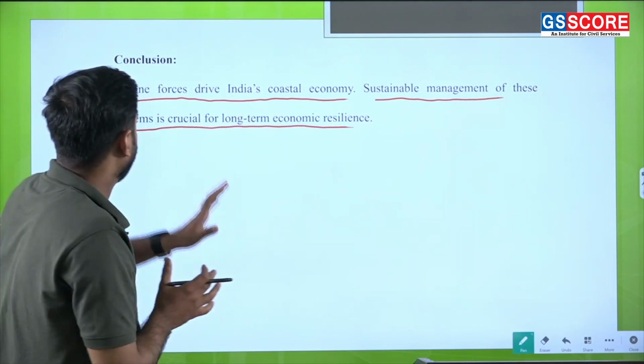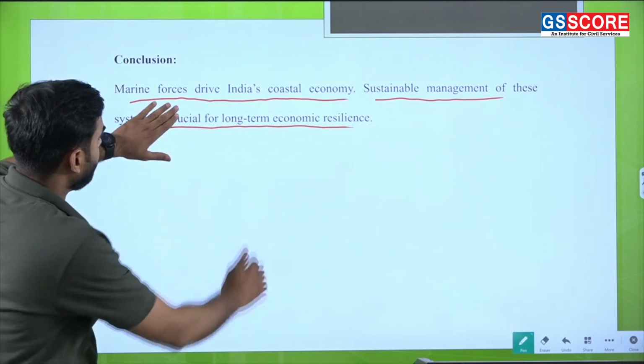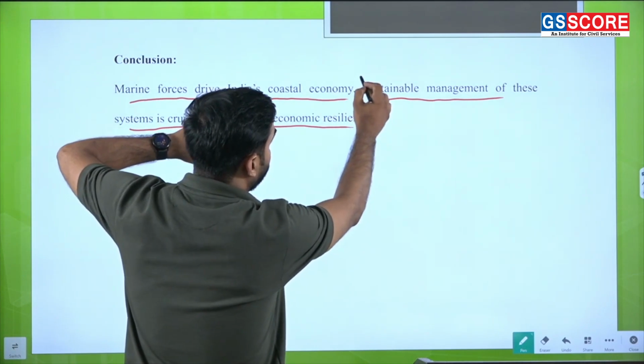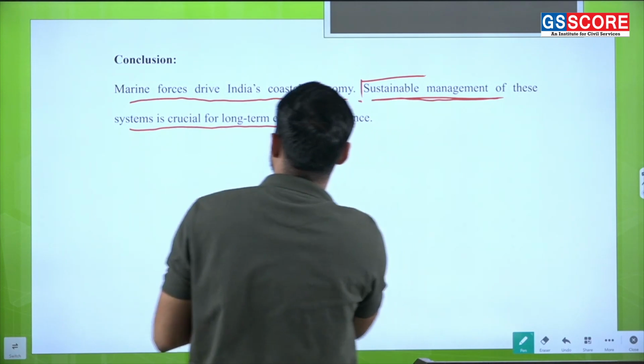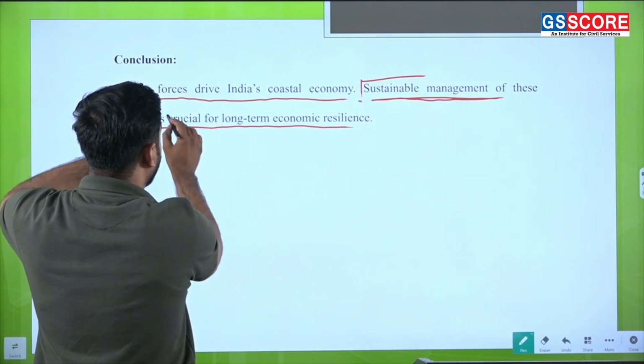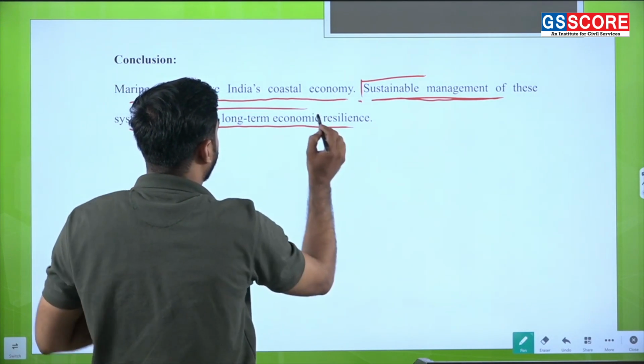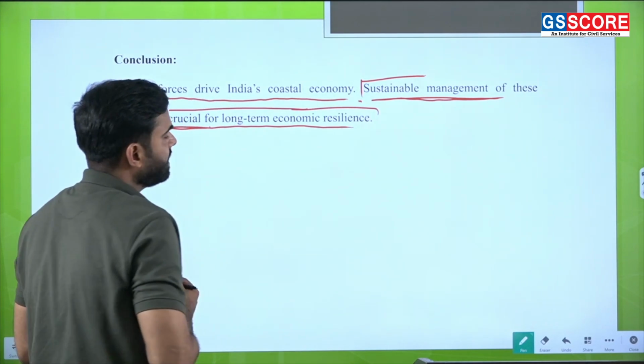Conclusively, I wrote that marine forces drive India's coastal economy. Now I suggested the sustainable management of these systems. Why? Because these are very crucial for long-term economic resilience.